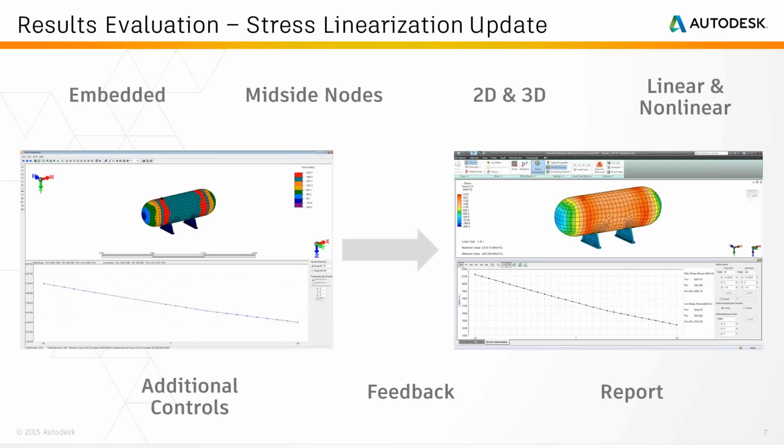We can also control the divisions on the stress classification line and control how many stress classification line points we want, which gives us better accuracy in results. In addition, the stress linearization tool gives you additional feedback.